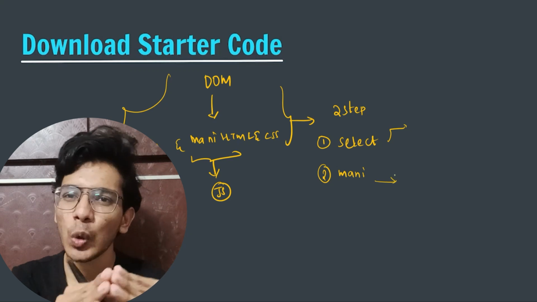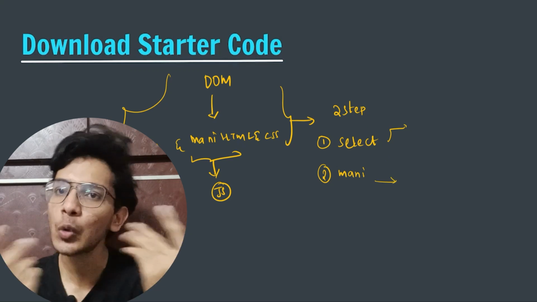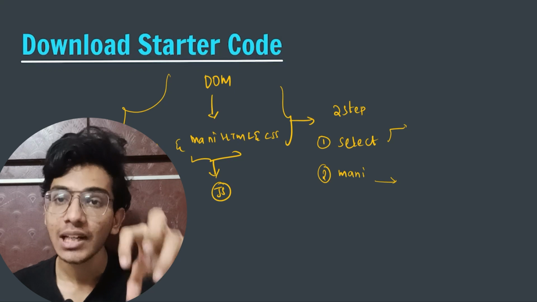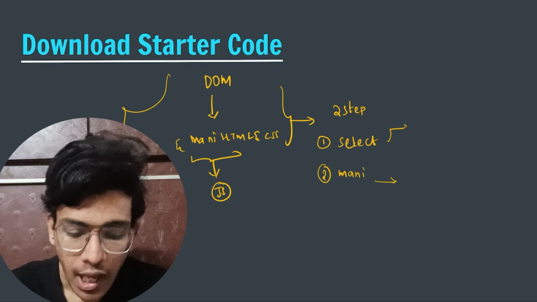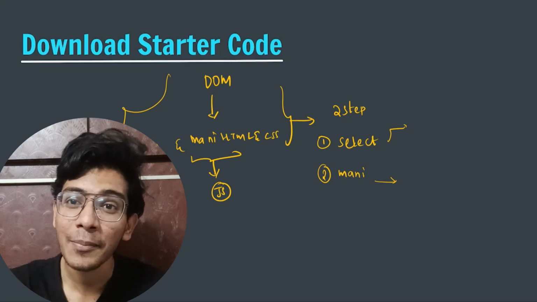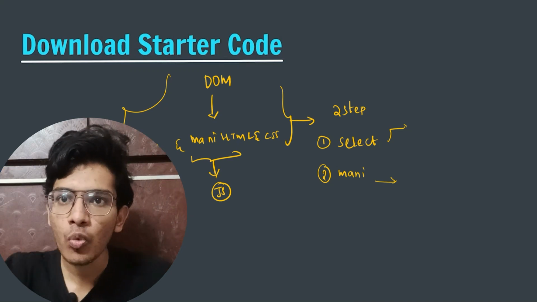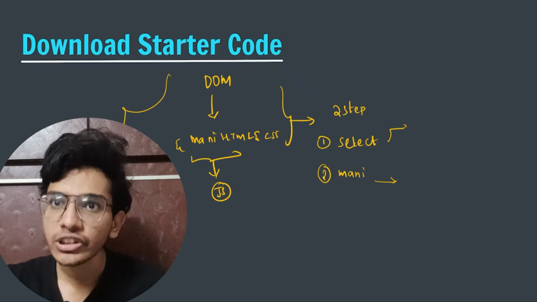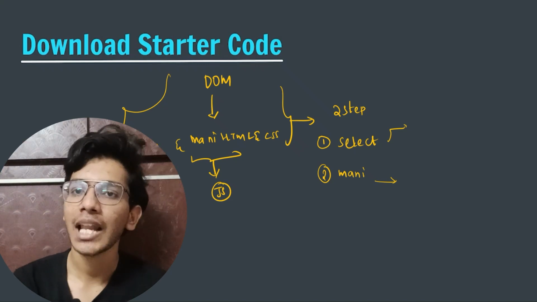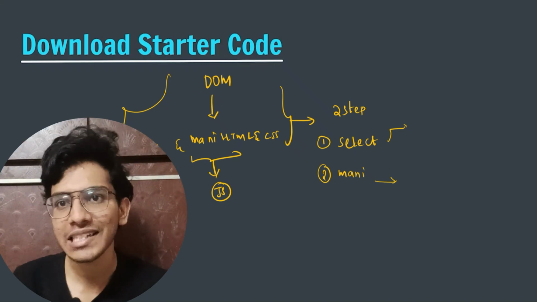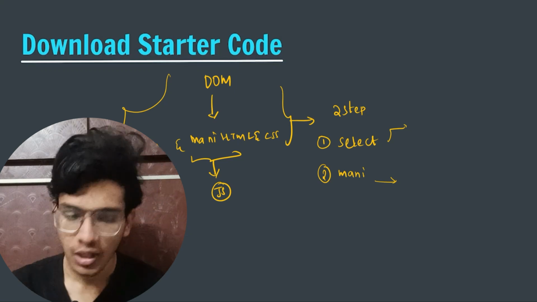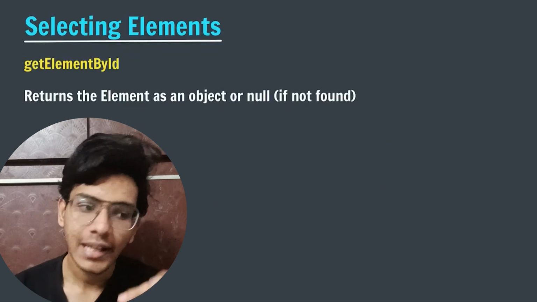So this whole session will be divided into two parts. The first part is selecting elements. We are going to see how we can select multiple elements, how we can select a single element, and after understanding how we select elements, we are going to see how we can manipulate the selected elements in our HTML and CSS. So the first concept we are going to see is selecting elements.